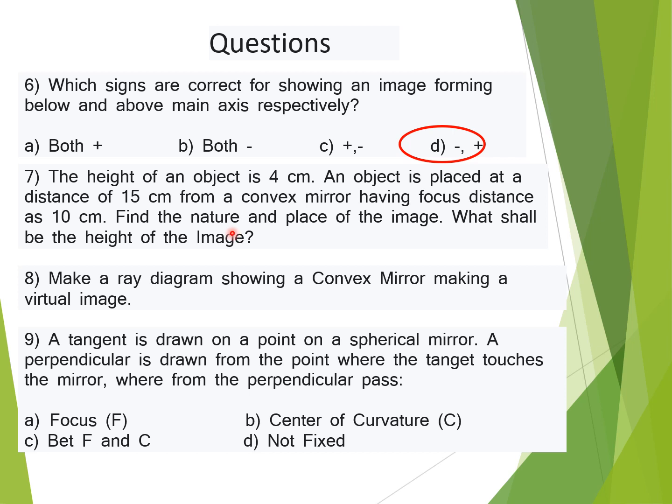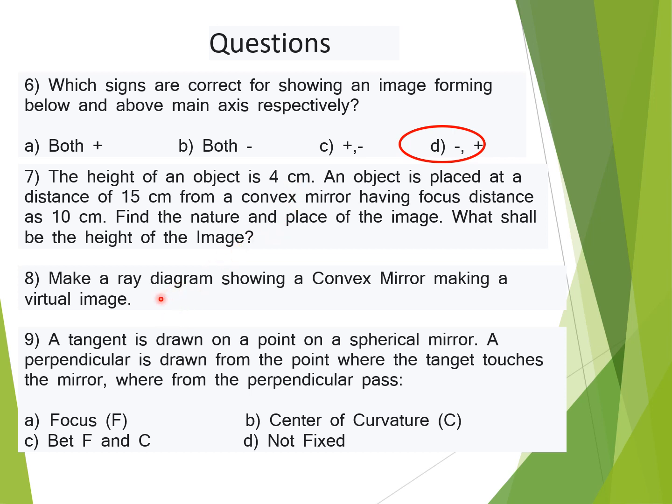So M will be 1 upon 2.5. That means the image shall be 2.5 times smaller than the object. And of course, the convex mirror always makes a diminished image. So we can find the height, 4 upon 2.5. So that is around 1.5 shall be the answer.